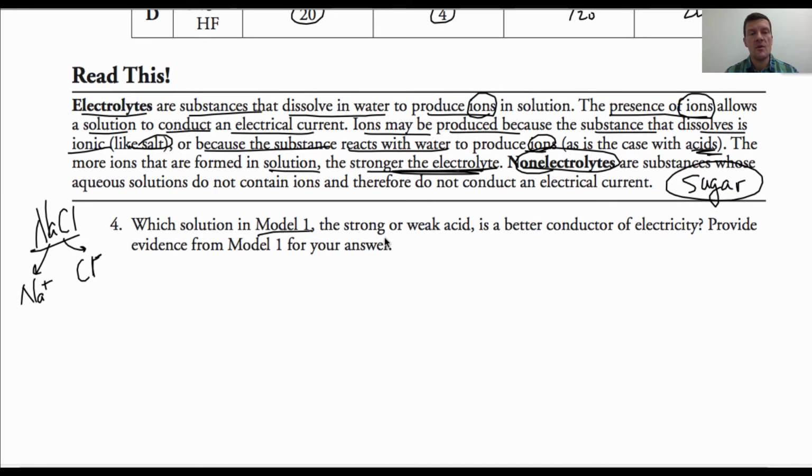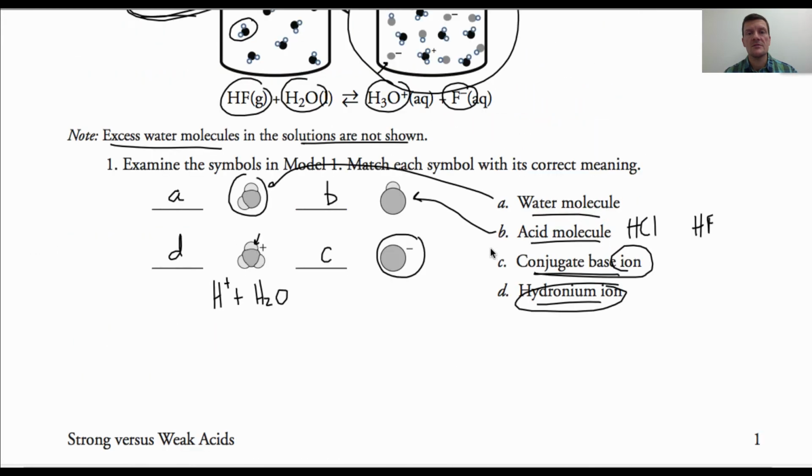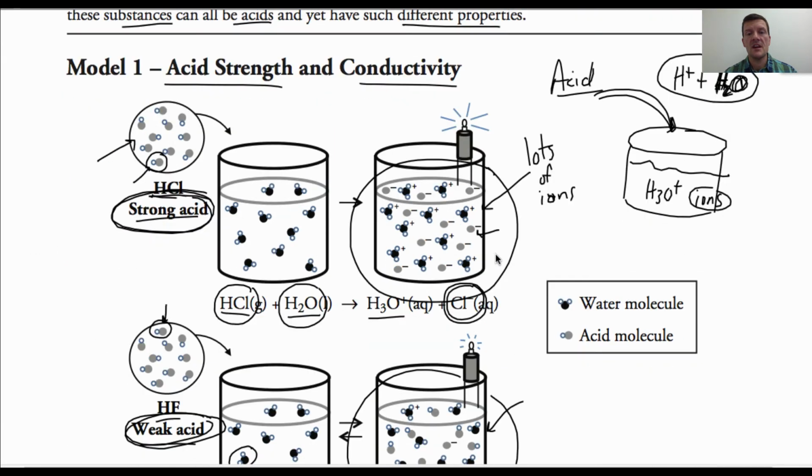Which solution in Model 1, the strong or weak acid, is a better conductor of electricity? Well, you will notice because of the light that is shining up here, this is a little instrument that has a light bulb on it, and these little metal electric probes are going to complete the circuit if you have charged particles in here.